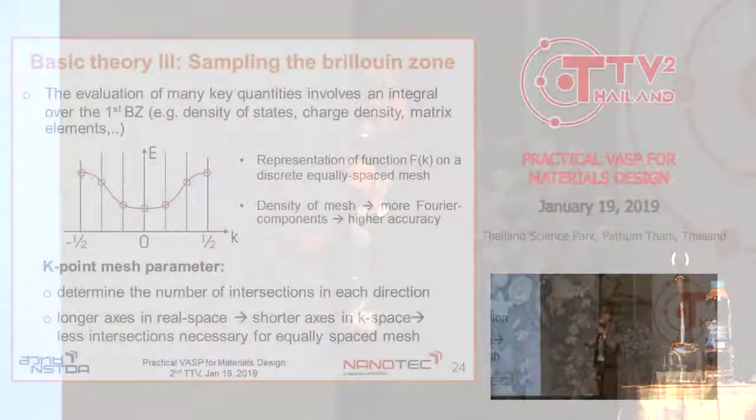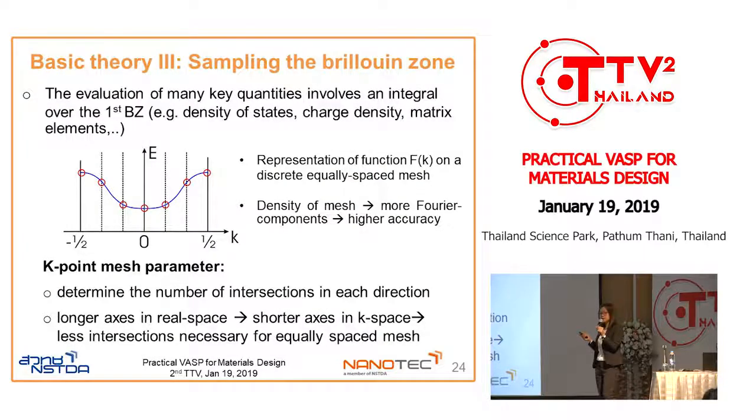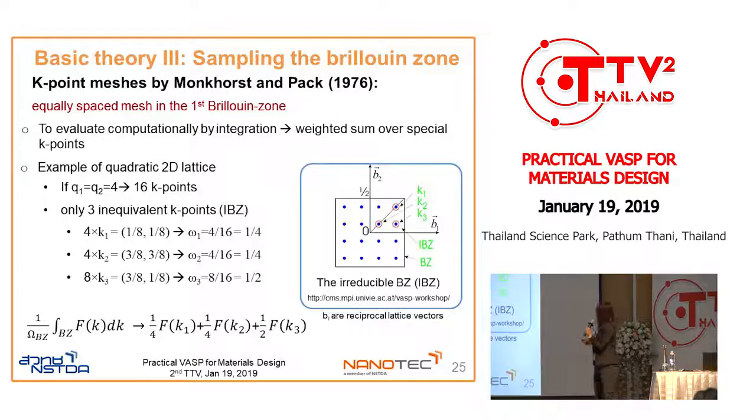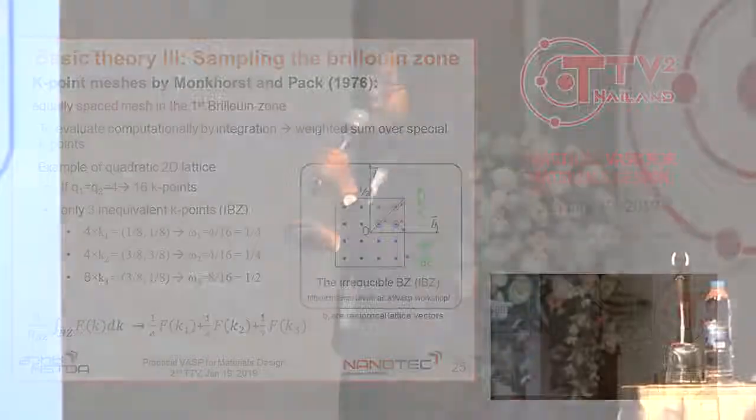So if you want to calculate a bulk structure, which is small, you have to increase the number of K points. But if you have a large system in real space, you can reduce the K points because it has a smaller size in reciprocal space.